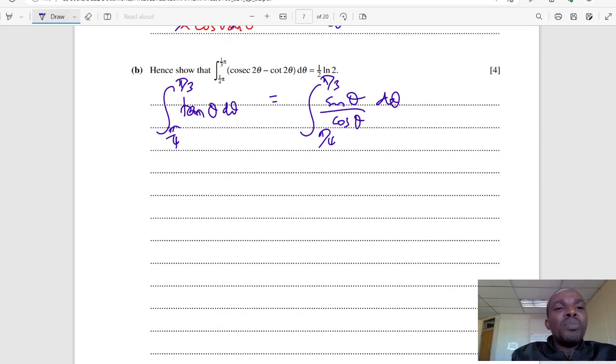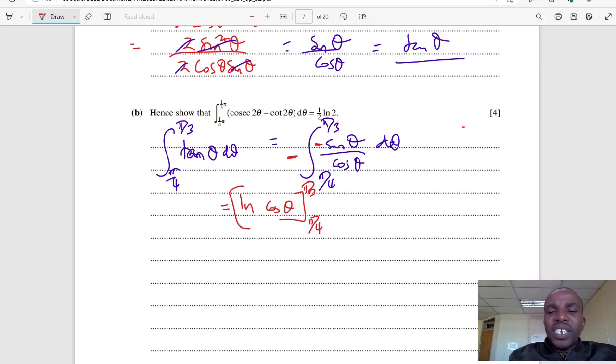Differentiating cos theta, you get a negative, so you have to make sure it's the exact derivative. To get back to sine, you factor out the negative sign, so that the negative will cancel out. It will be ln cos theta, then you put your limits, pi over 3 and pi over 4.